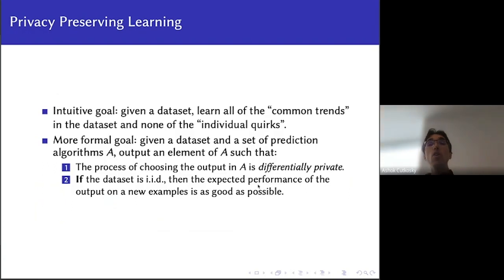And also, if the data set happens to be IID, then the expected performance of your output should be good on new examples. Importantly, the first consideration is a worst case thing. You want to be robust to the possibility that somebody is arbitrarily injecting stuff into your training set and still be able to ensure some amount of privacy on the people who aren't being arbitrarily injected.